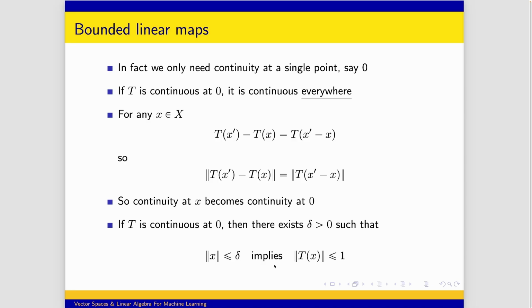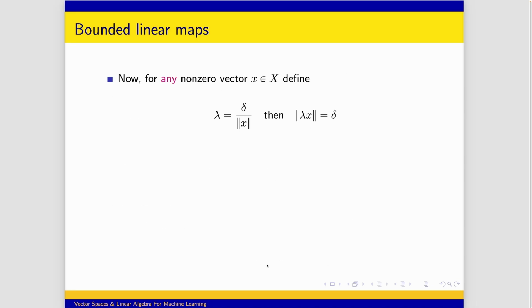We can use less than or less than or equal to. Both are fine as definitions. Now, let's take any non-zero vector x in our vector space X, and let me define this number lambda as delta divided by the norm of x. Then the norm of lambda x is equal to delta.